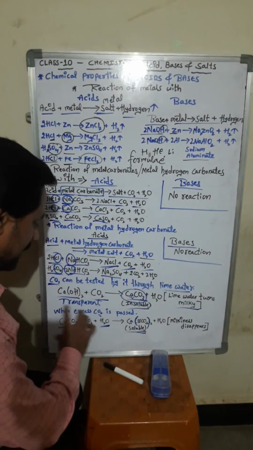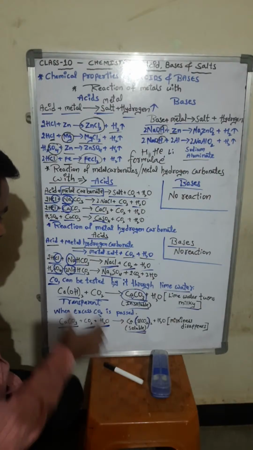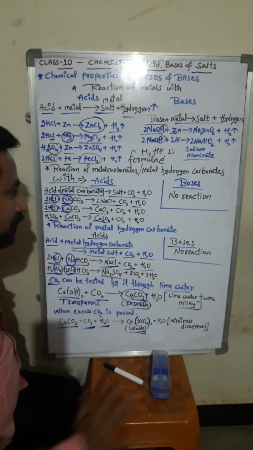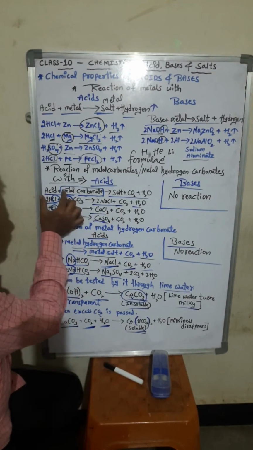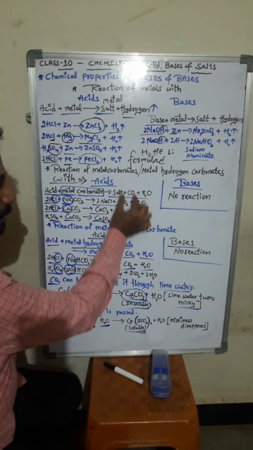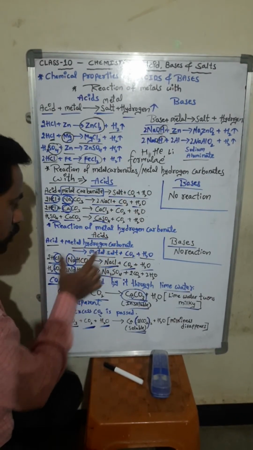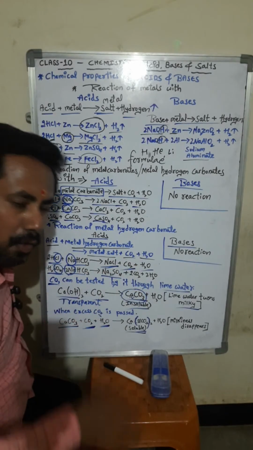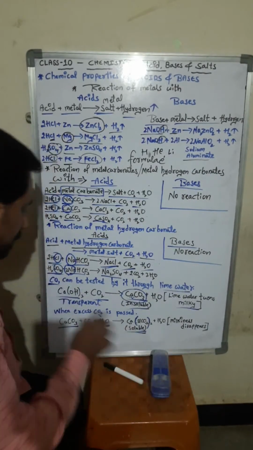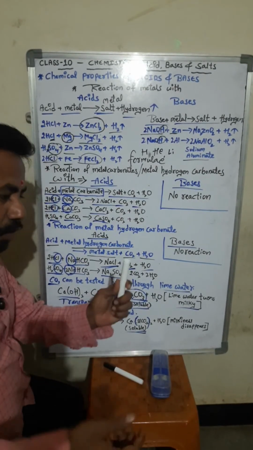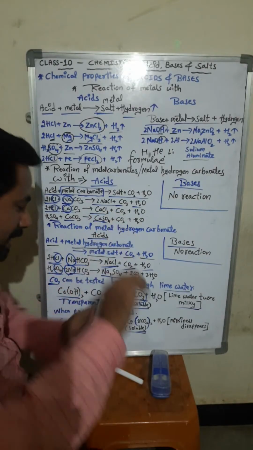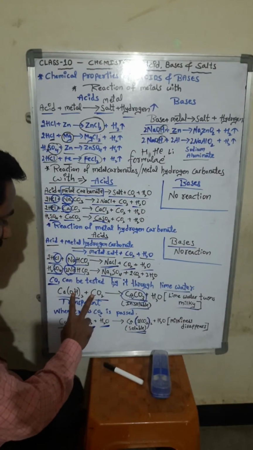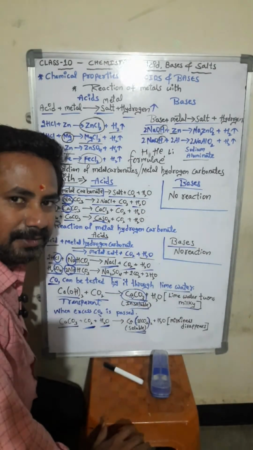Are you getting? Shall I explain this once again? Okay. Carbon dioxide came in this result. Where did it come from? Acid and metal carbonate, when they react, give salt, carbon dioxide, water. Metal hydrogen carbonates, when they react with acid, also give carbon dioxide. How can we test whether carbon dioxide came or not? By adding lime water. We pass the gas, carbon dioxide, and it completely changes the lime water to milky, because these two react and form calcium carbonate.